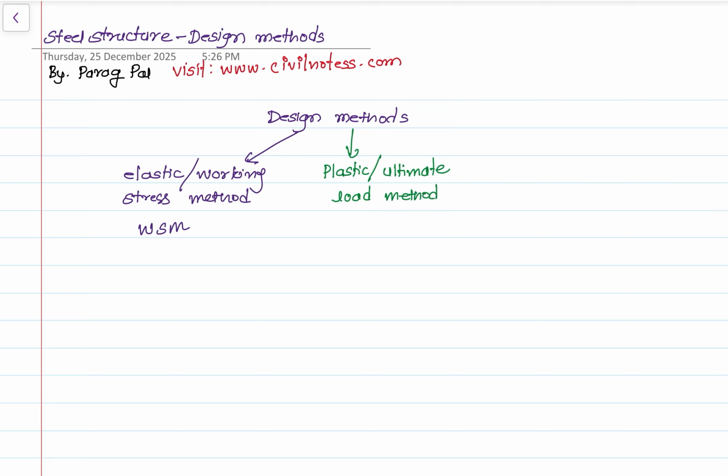And the last one, which is a very preferable method, is the limit state method, which we call LSM, and that is what we are going to use in most cases. So let me start one by one.